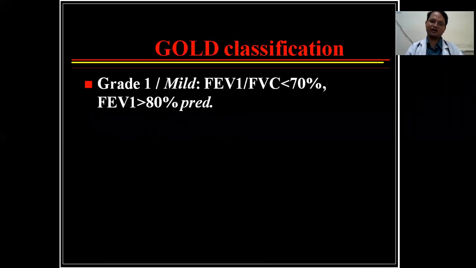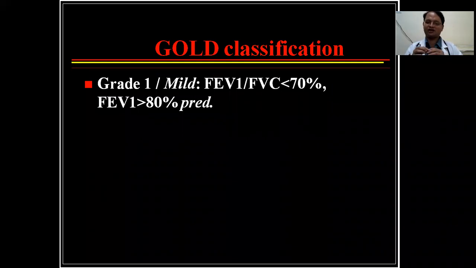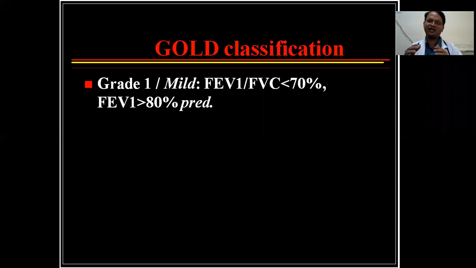To categorize COPD, the GOLD guideline, the Global Initiative for Obstructive Lung Disease, grades the patients into 4 grades: grade 1, 2, 3, 4. Grade 1 is mild COPD with an FEV1 by FVC ratio less than 70%, and the FEV1, the forced expiratory volume exhaled in the first second, should be more than 80% predicted.